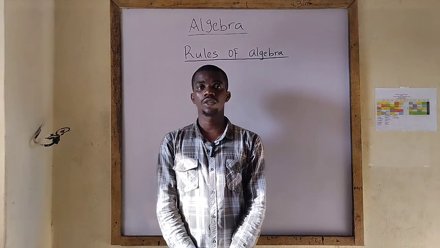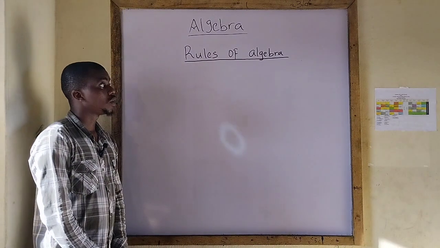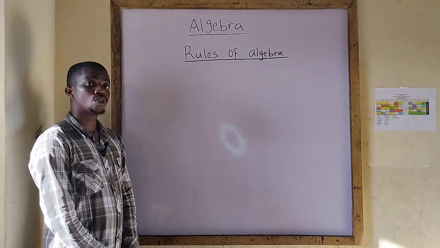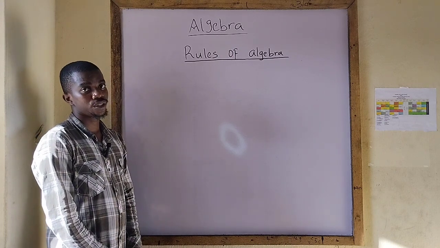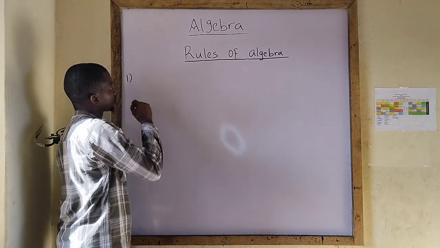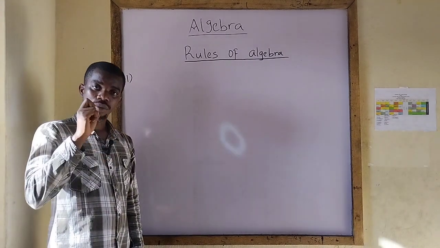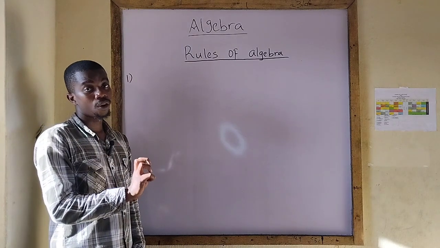Okay, the next thing we are going to consider is the rules of algebra. Now, I made this rule because students get confused whenever they are to obey arithmetic operations in algebraic expressions. Note one thing, that we can only add or subtract alphabets of the same type or kind.